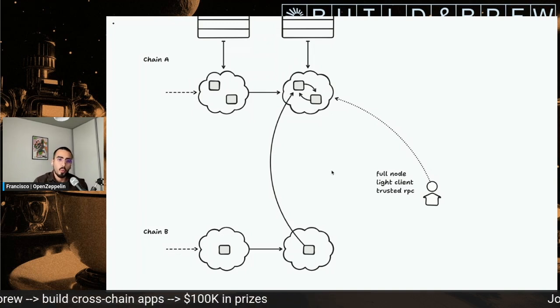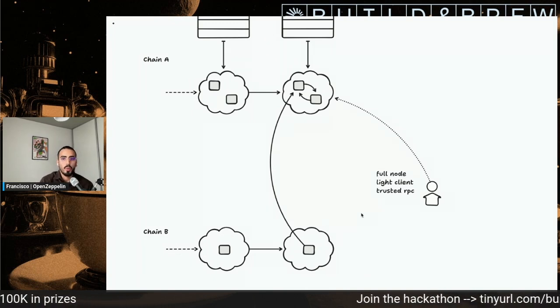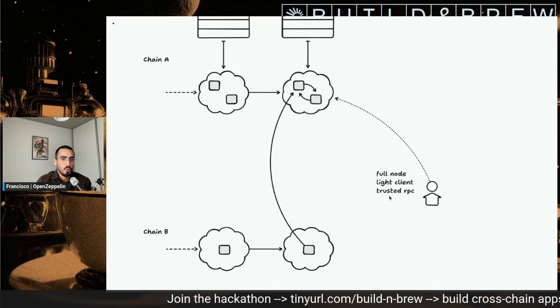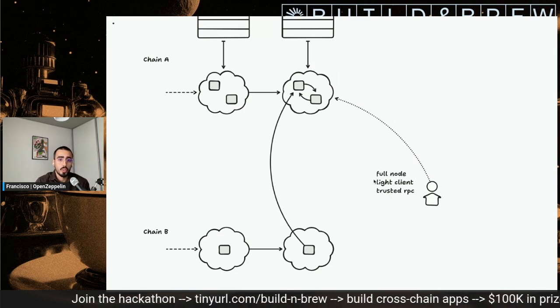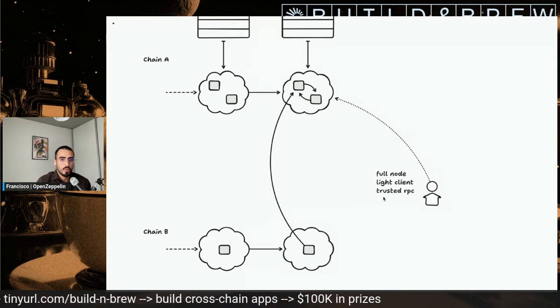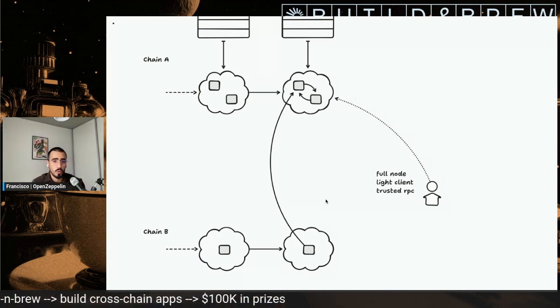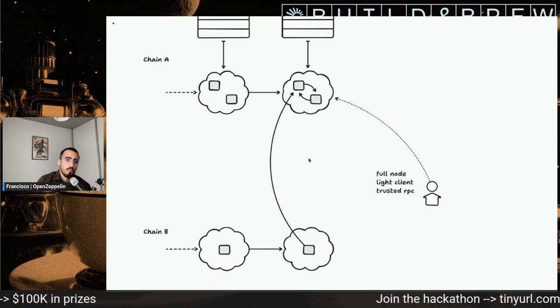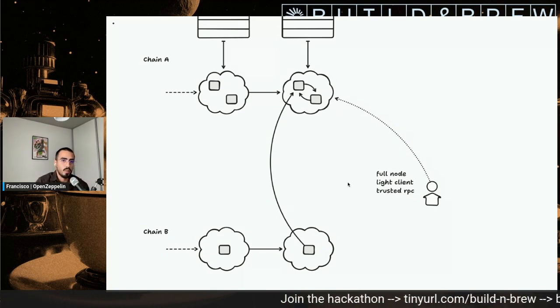And so we have to ask exactly how is it going to do that. And we actually have a range of options that is similar to what we as users can do. We're going to be able to run something like full nodes or something like light clients or something like trusted RPCs. So we're going to look at that now.